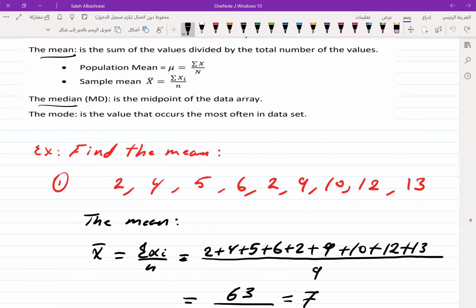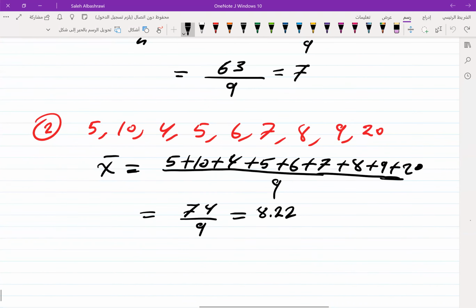The median, noted by capital MD, is the midpoint of the data. Let's speak about the median now.